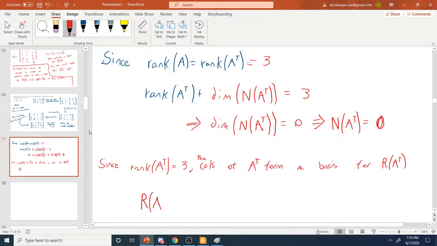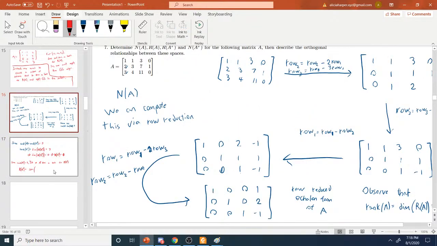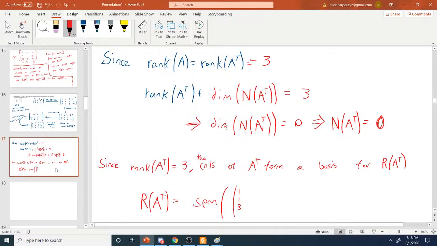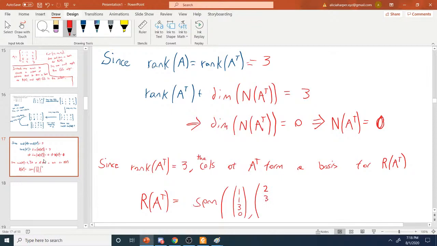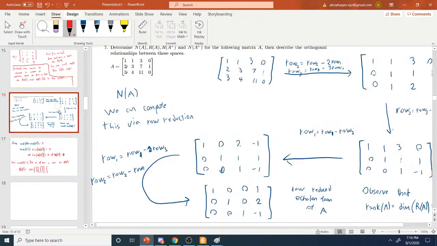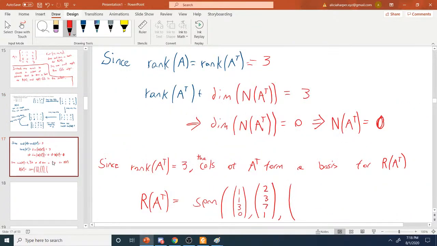So this is the column space of A transpose, which is equal to the span of the column vectors of A transpose, which are precisely 1, 1, 3, 0, 2, 3, 7, 1, and 3, 4, 11, 0.